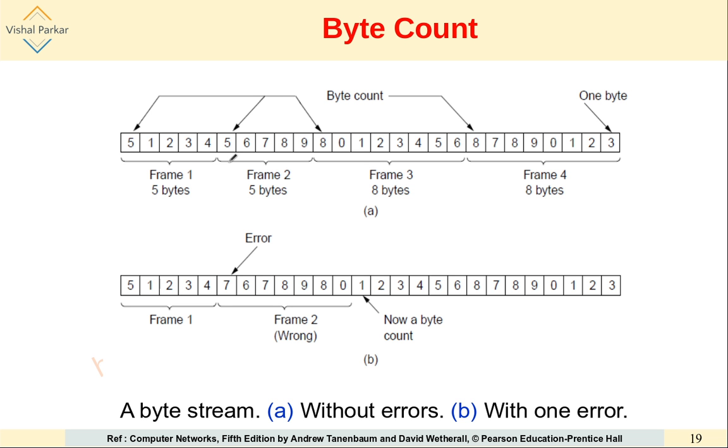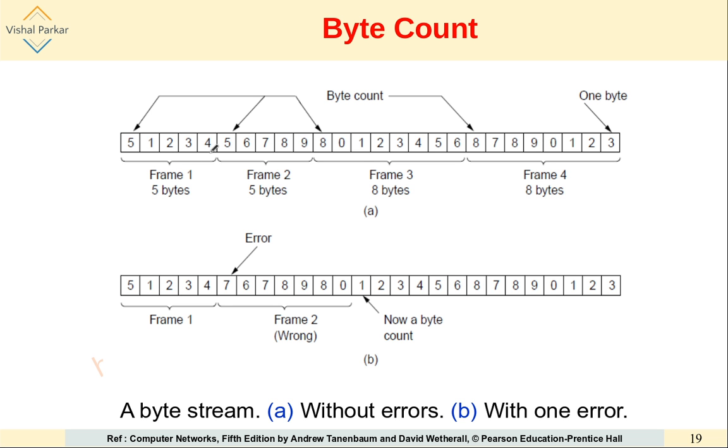This is the first frame, as we can see, and the first header part has the value of 5. That means there are 5 bytes in the first frame. Obviously, the first byte is taken up by the header information. So the rest of the bytes, that is 5 minus 1, 4 bytes, will be in the payload part. In all, 1 plus 4 is 5, and that is the length of the overall frame.